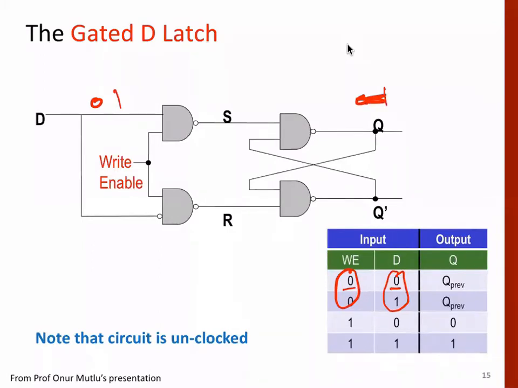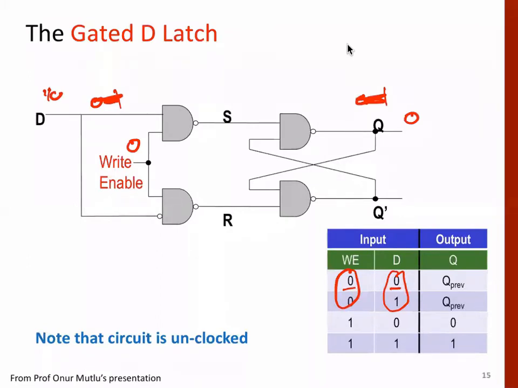I said it wrongly. It means that if Q is 0, the previous state is 0, and write enable is 0, then whatever be the value of D, let's assume D is 1 or 0, it doesn't matter really.